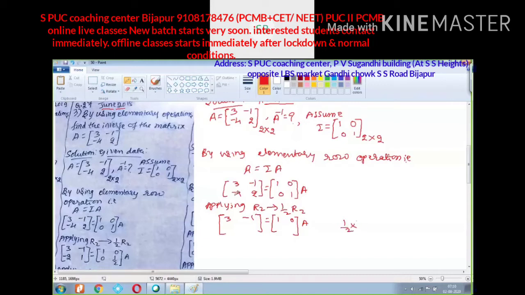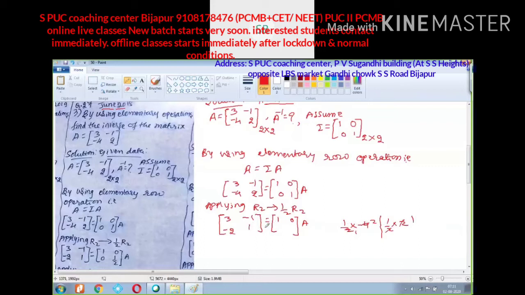In R2, here it is -4. So 1 by 2 times -4 is going to come out as -2 here. Similarly, you can do this one. 2 is here, 1 by 2 into 2 is 1. Next, here also we can do this, so 1 by 2.